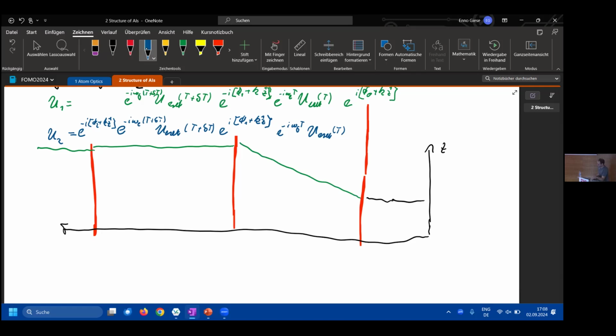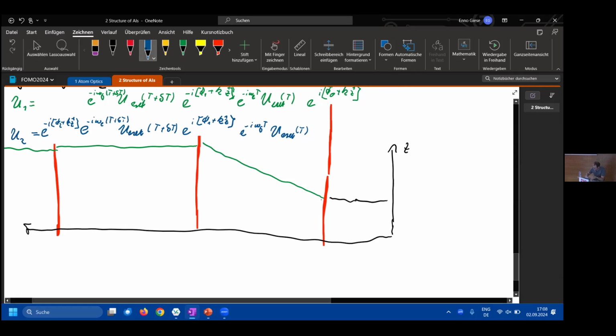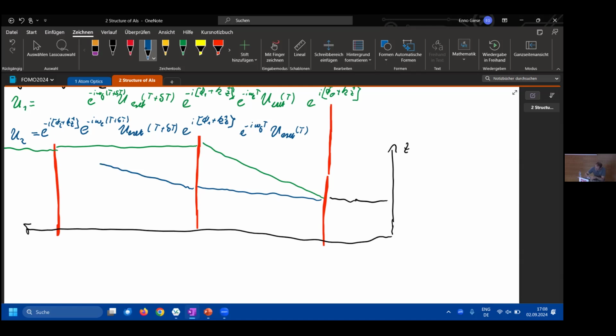For the blue operator, nothing happens at the first pulse. There's no momentum transfer, so we go straight. At the mirror pulse, we transfer momentum, so we go up. And then at the final pulse, we reduce the momentum again, so we end up in the same exit port going straight.